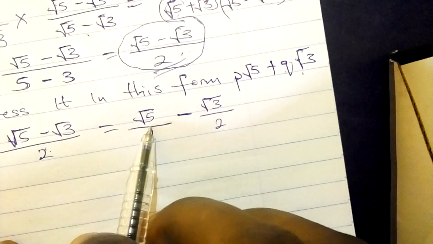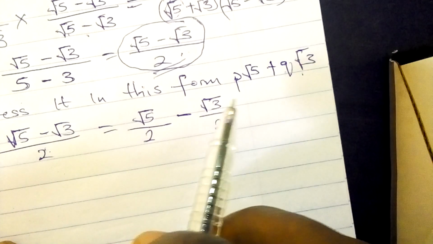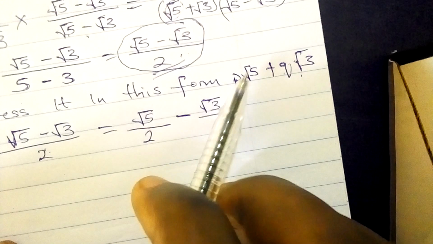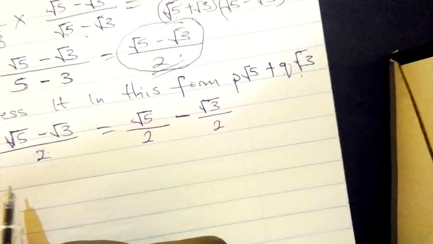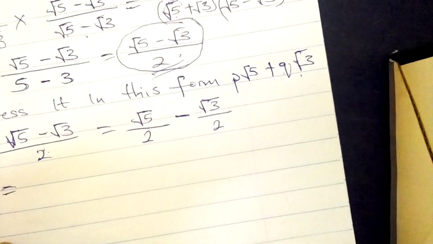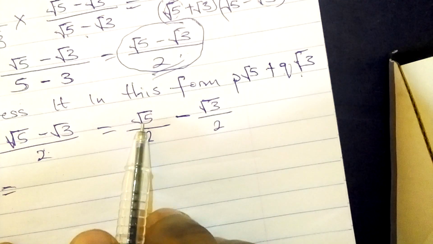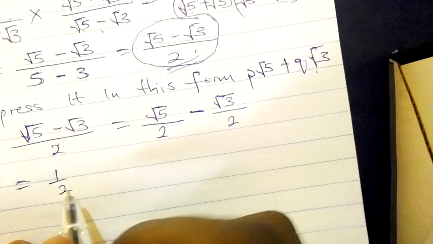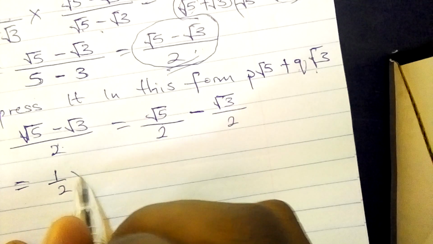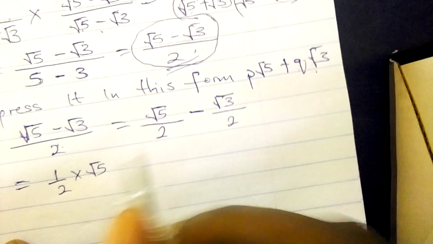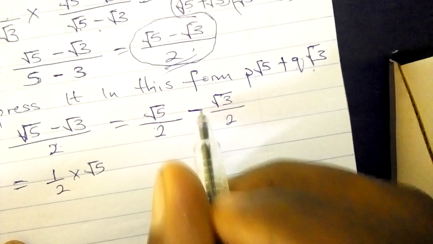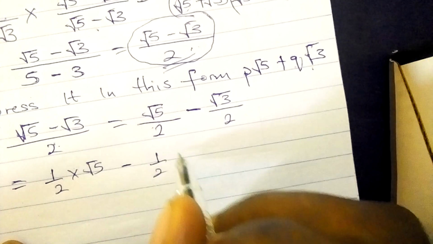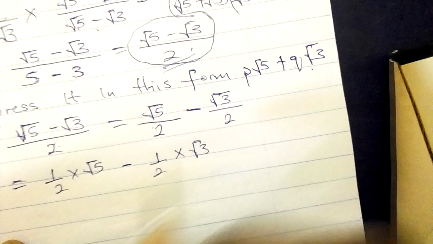So now we have expressed it, and it somehow resembles the form we were given. We still go further so that we can get the answer. This one here is the same thing as 1/2 times root 5, and this one is minus 1/2 times root 3. Are you following me now?